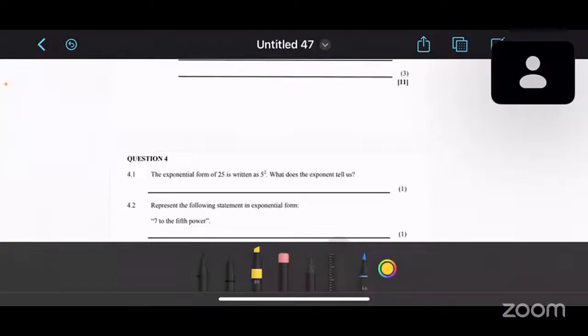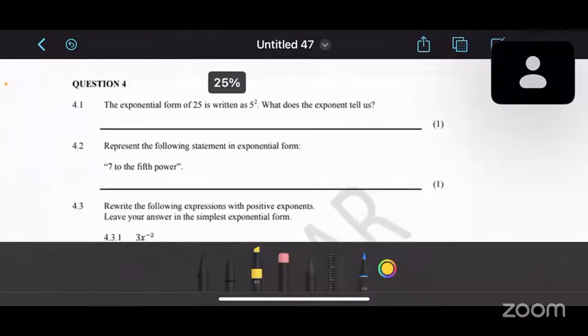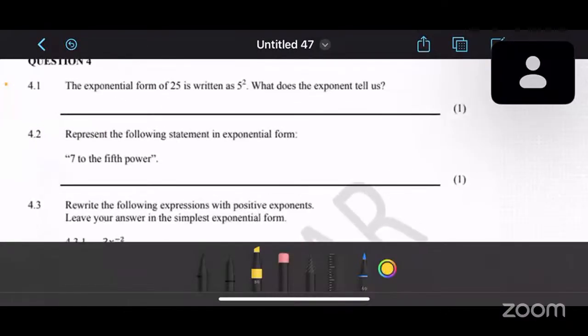Let's go to another question, which is question 4, where they say the exponential form of 25 is written as 5 to the power of 2. What does the exponent tell us? Busisiwe, what does the exponent tell us?